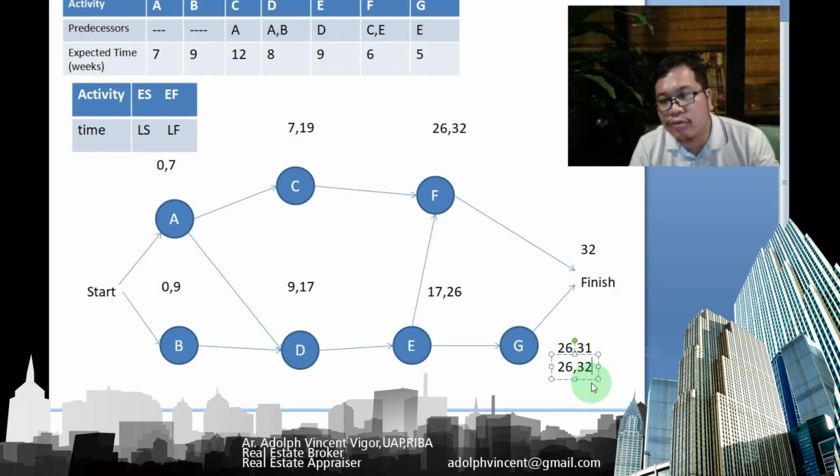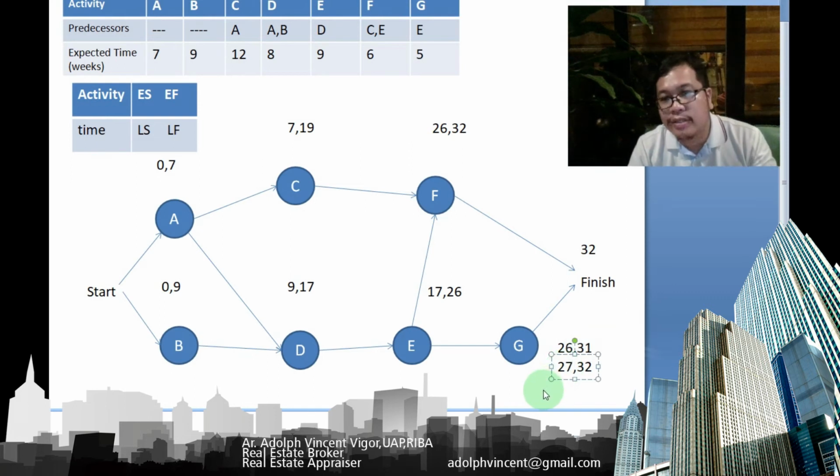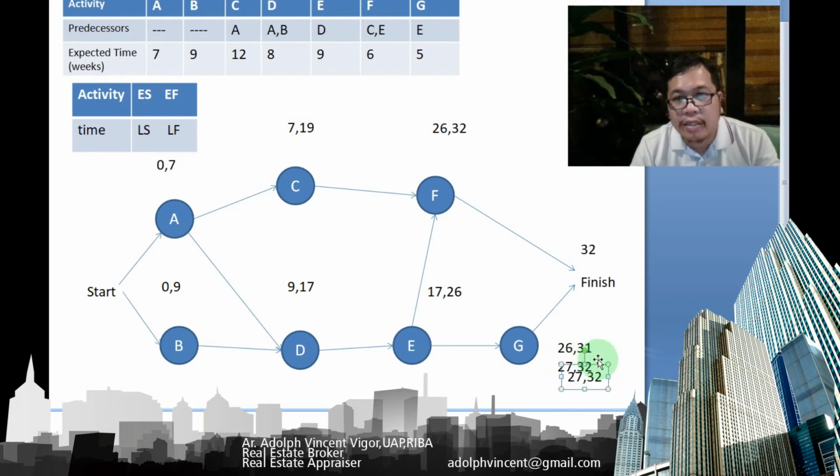So 32 minus 5, I think that's around 27 here. Now let's go to F. That's 32 minus 6, so it's 26.